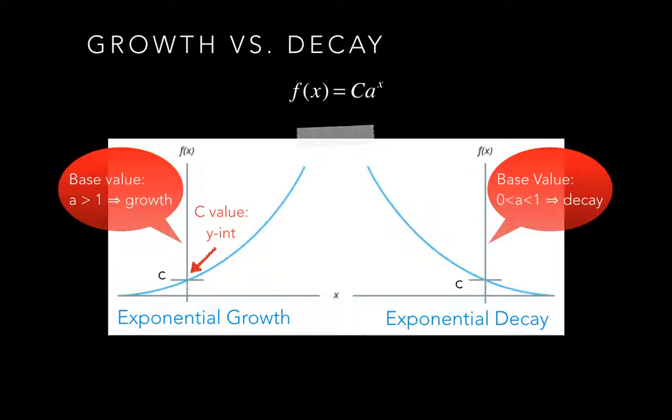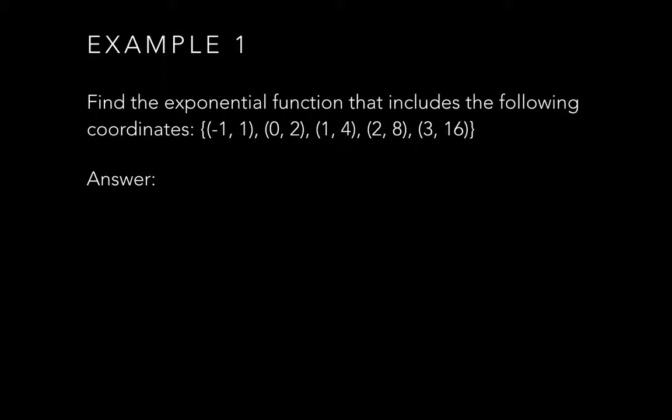And again, our C value is going to determine our y-intercept for either a growth or a decay model. So the only thing that differentiates between growth or decay is your a value, your base value. Let's work an example together.